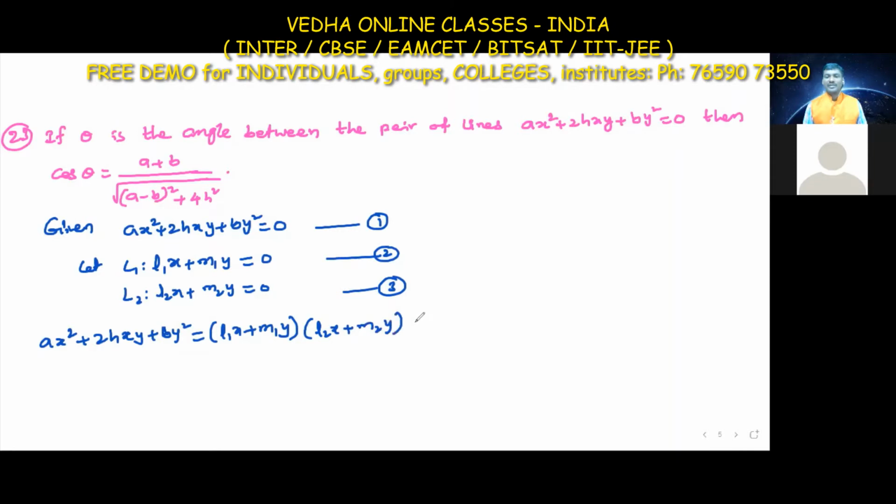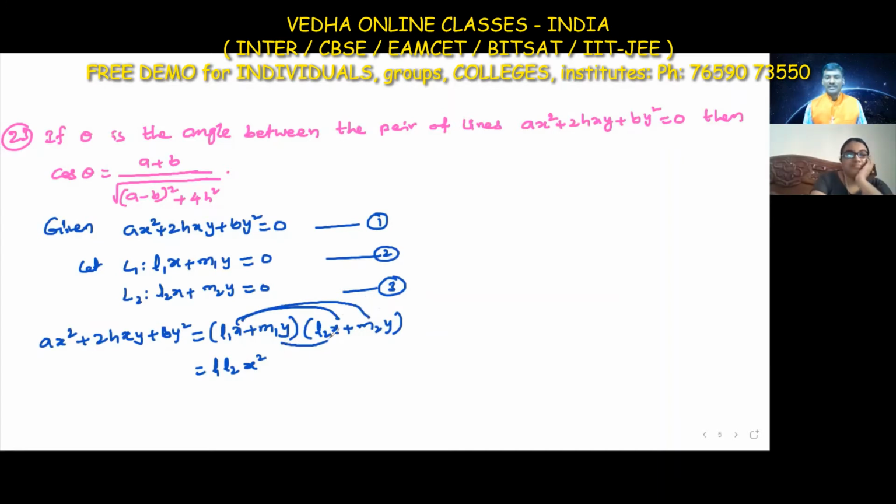Now multiply the right side part. L1 into L2, x into x is x square. I am multiplying these two and these two, then the remaining terms, like that.